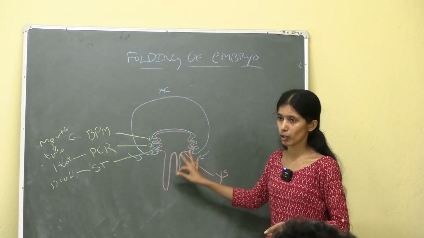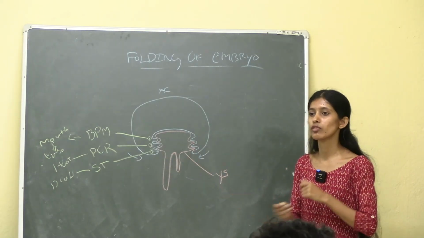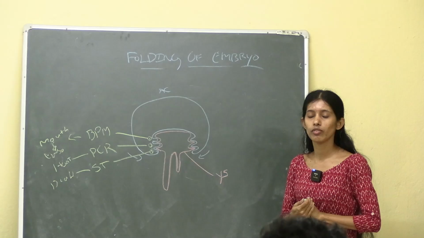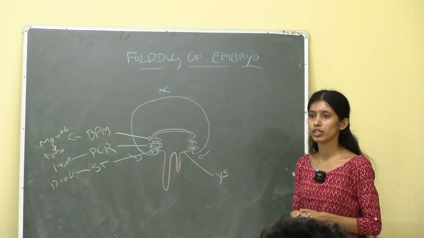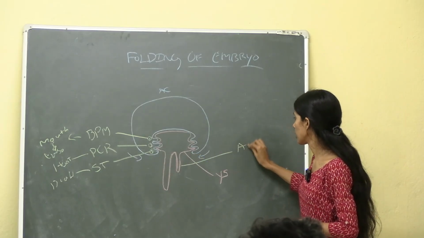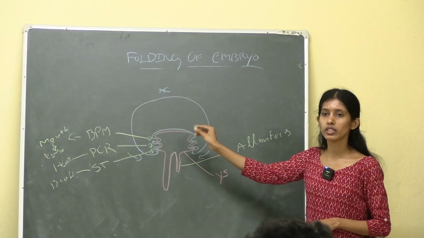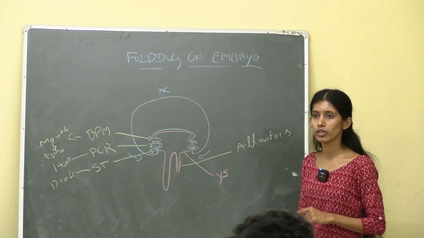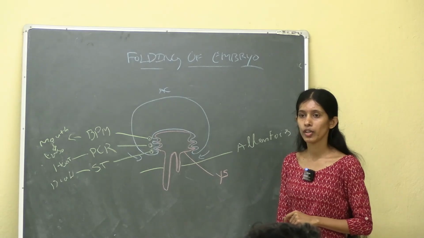Now we will concentrate on the yolk sac part. Before, in the coronal section, we have seen only one elevation or elongation that happens in your yolk sac region, that is allantois. This is allantois. But after the folding, we can see one more elongation that takes place from your yolk sac.